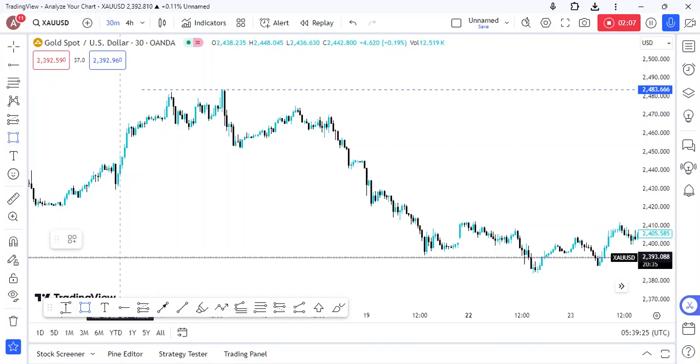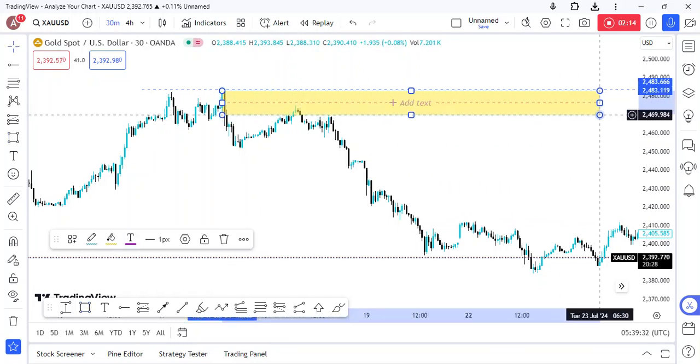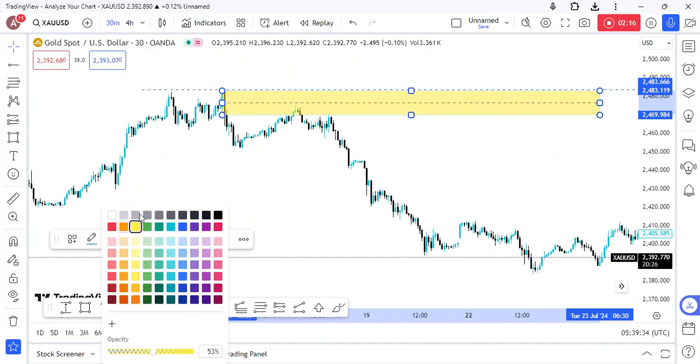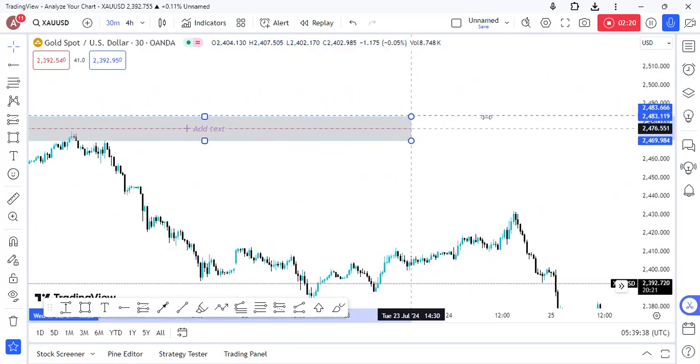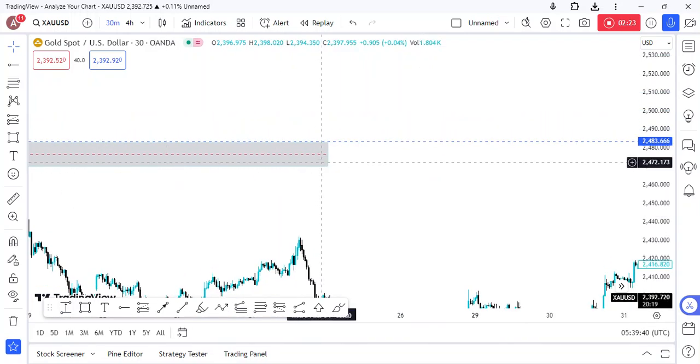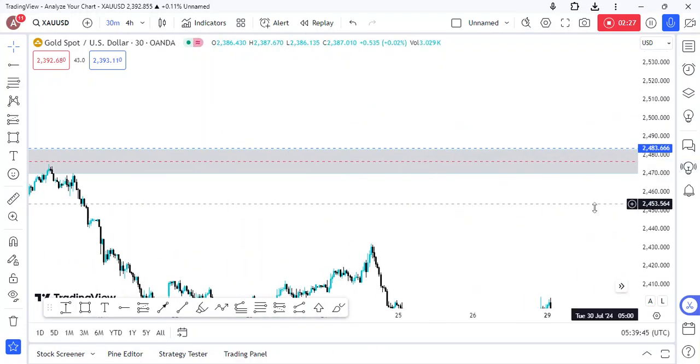The last bullish candle is this candle, and we highlight the whole candle.